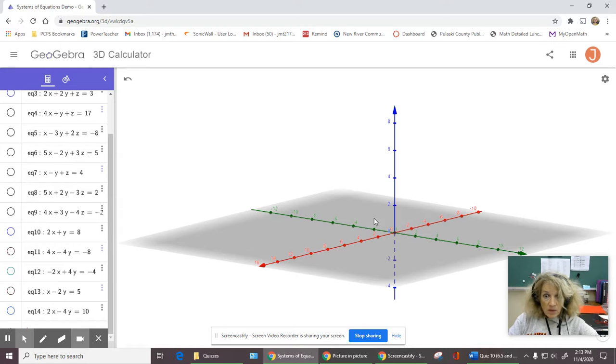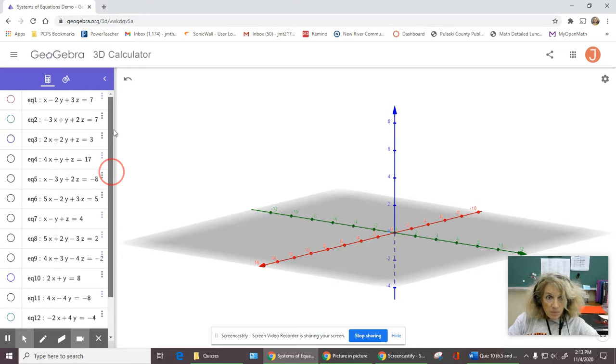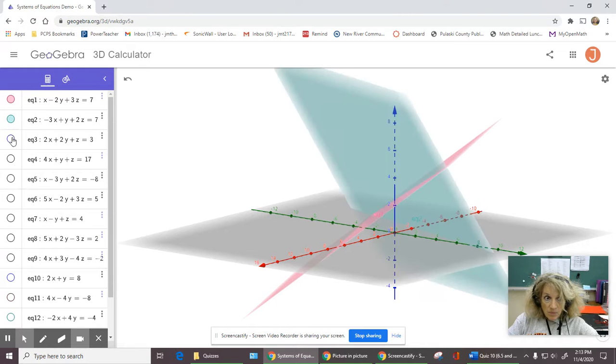All right, so these are your 3 dimensions. So if I plotted some planes, all right, so planes are going to be represented in 3 coordinates, so 3 dimensions. So let's take a look at 3 planes here.